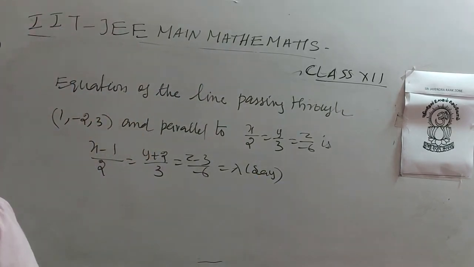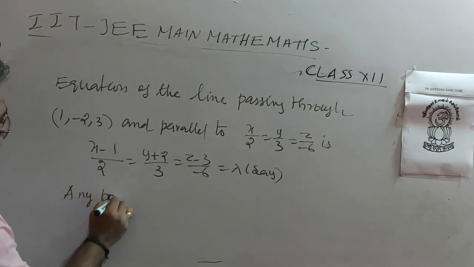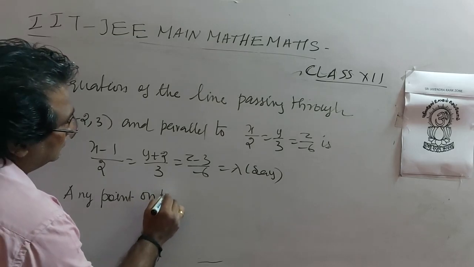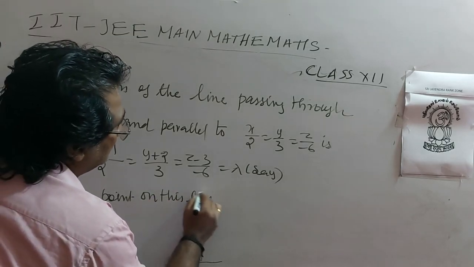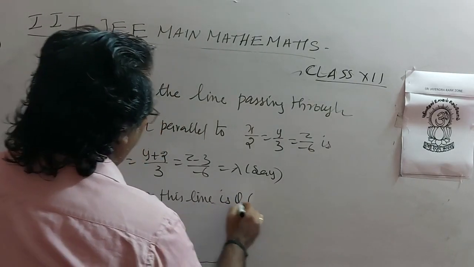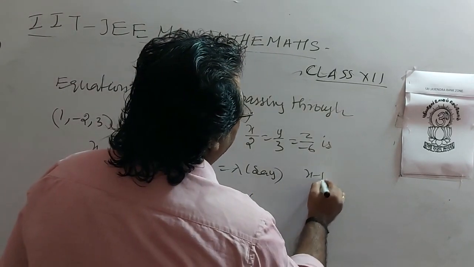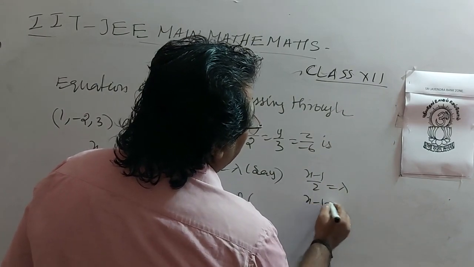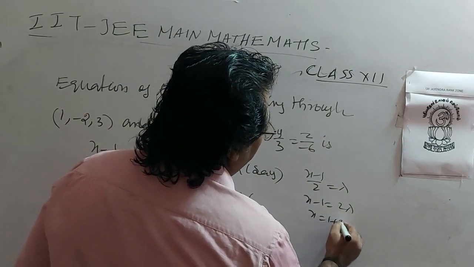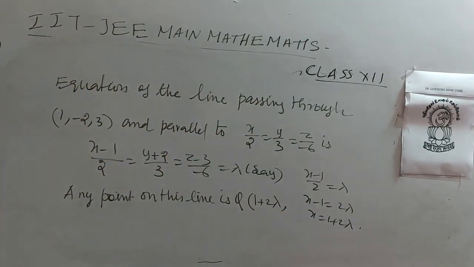So we have to find any point on this straight line. Any point on this line is Q. Compare this with lambda: x minus 1 by 2 equal to lambda, so x equal to 1 plus 2 lambda.